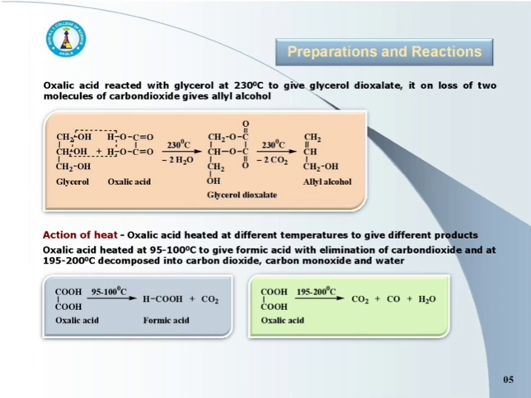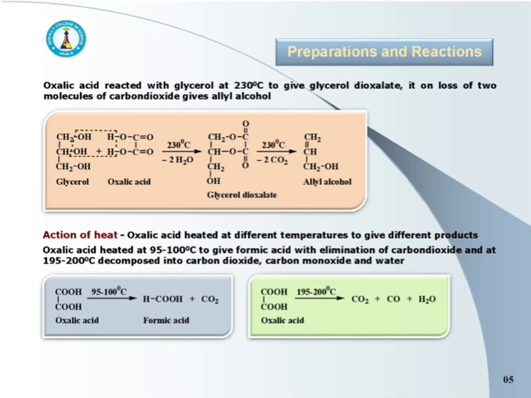On heating oxalic acid at 95 to 100 degrees centigrade, formic acid is obtained with elimination of carbon dioxide. And on heating oxalic acid at 195 to 200 degrees centigrade, it is decomposed into carbon dioxide, carbon monoxide and water.